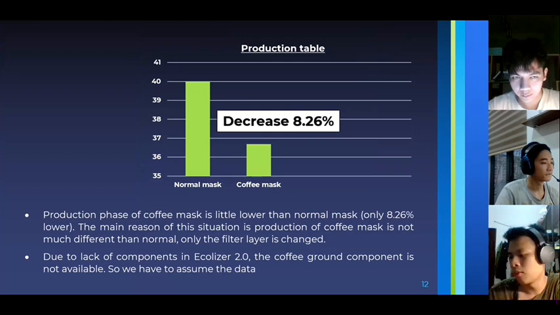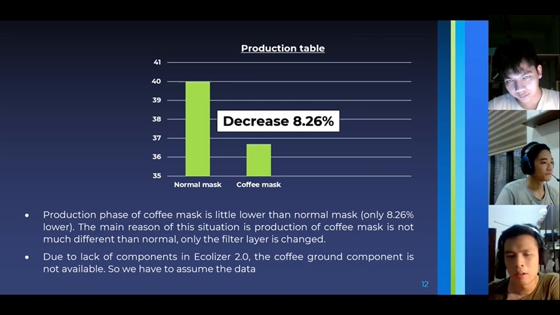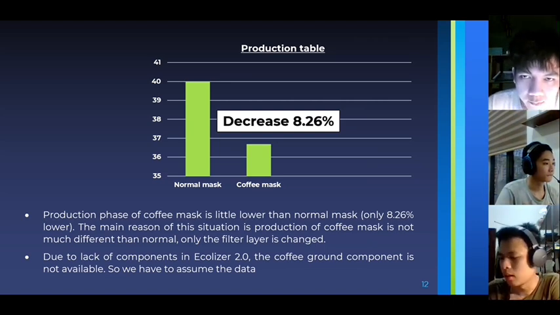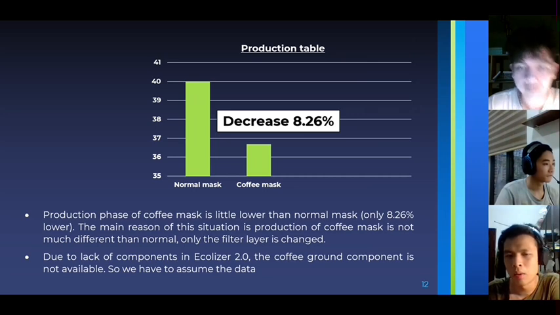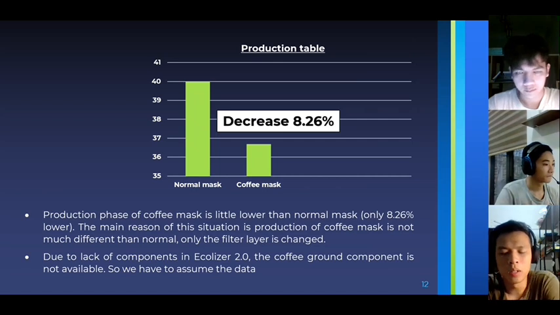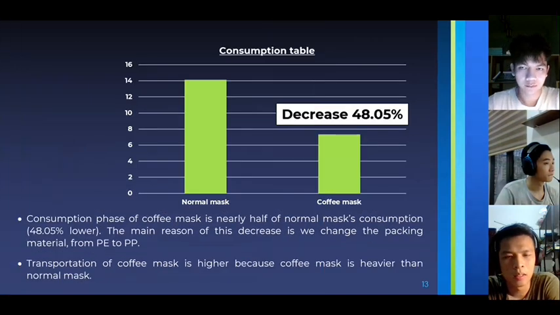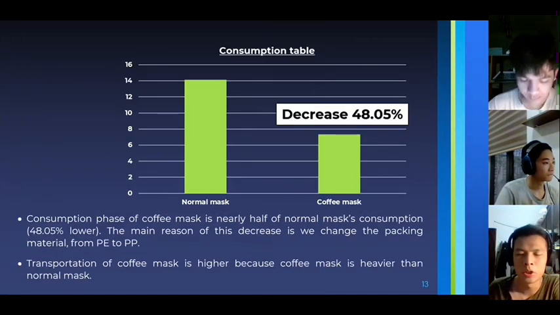The first calculation is about production. After our calculation, the coffee mask point is lower. It decreased 8.26% due to the change of the coffee mask. And the second one is the consumption table.